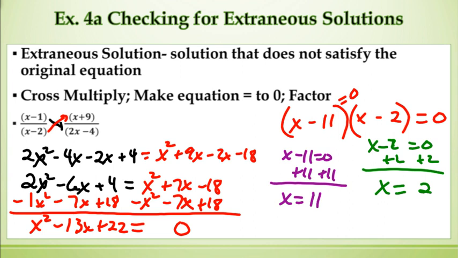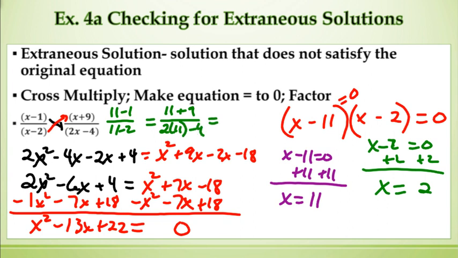I have to make sure that both of these work in this equation. So if I put 11 in for x, I have 11 minus 1 over 11 minus 2 equals 11 plus 9 over 2 times 11 minus 4.